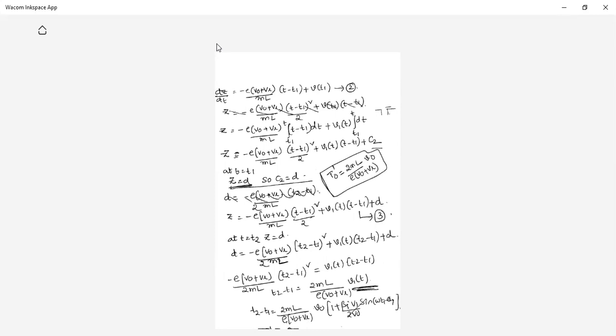This is an important derivation. What is the round trip transit time? So this is the expression.